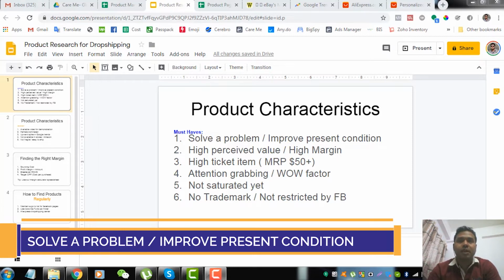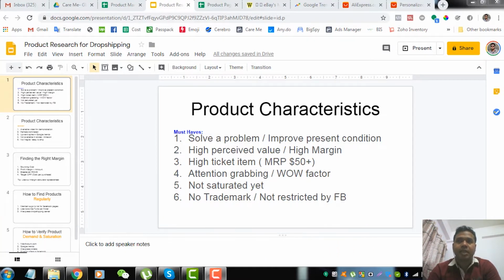So what I mean by that is, whatever product you are selling, because we'll be mostly selling on social media, there we have to find or offer something which is attention grabbing, or a solution to any problem. It can be as simple as cutting your nails, or improving your cars or accessories, or whatever it is.